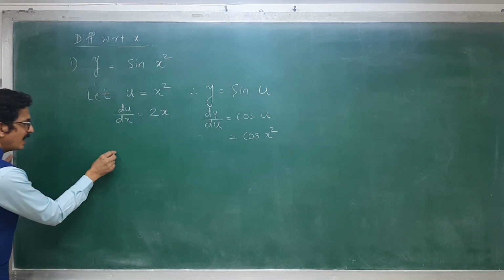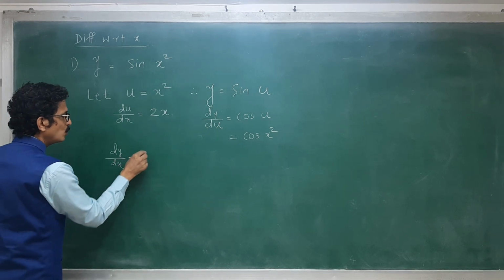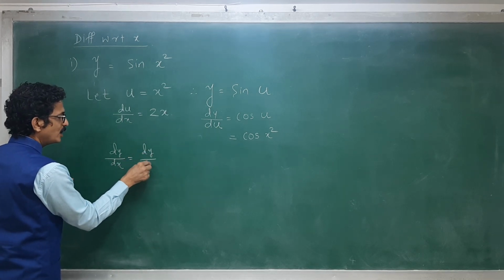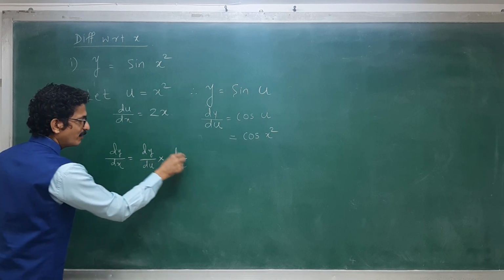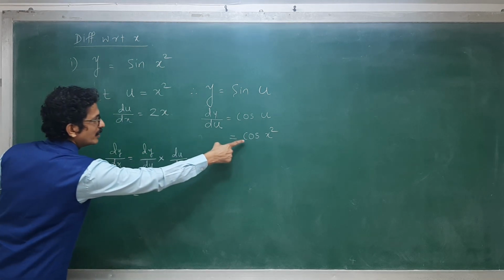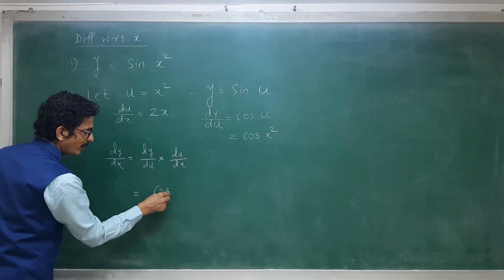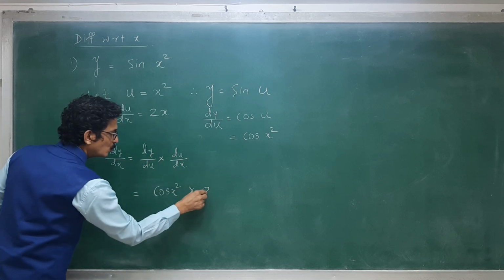Now applying the formula, dy by dx equals dy by du into du by dx. Everybody knows this. Now, what is dy by du? It is already written: cos of x square. And what is du by dx? It is 2x.